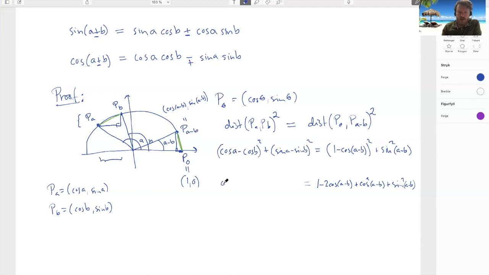So here I get cosine squared A minus 2 cosine A cosine B plus cosine squared B. And then let's add this guy a little bit below here. So that's sine squared A minus 2 sine A sine B plus sine squared B. So I know that this thing here is equal to that thing here.